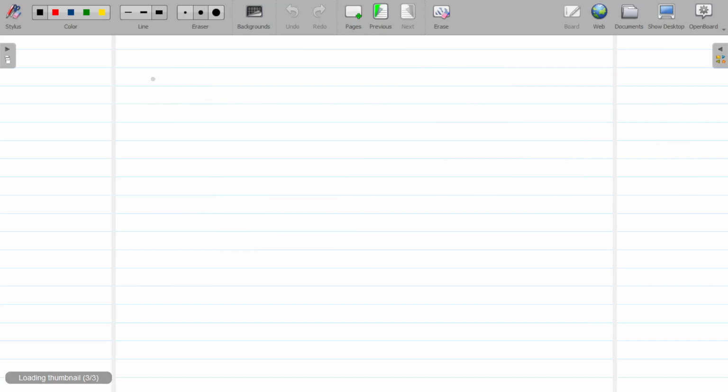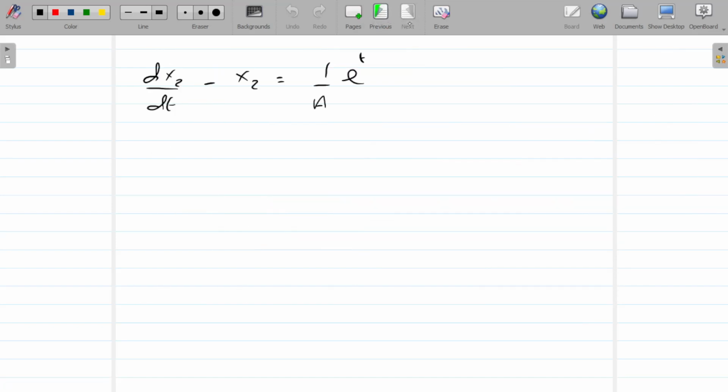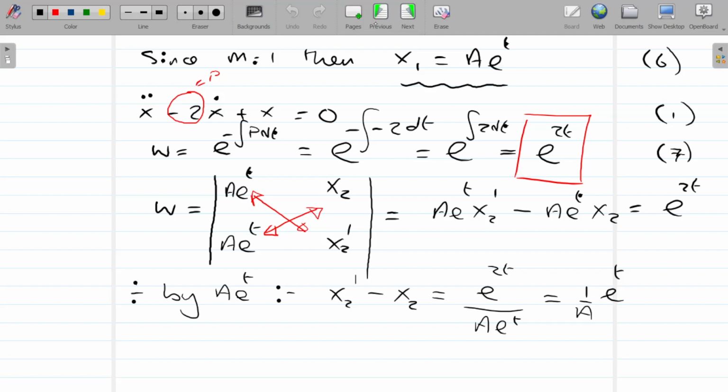So we've got dx2 by dt minus x2 equal to 1 over a e to the t. Let me just check. Yeah, I think that's right. Now, to solve this, what shall we call this equation?